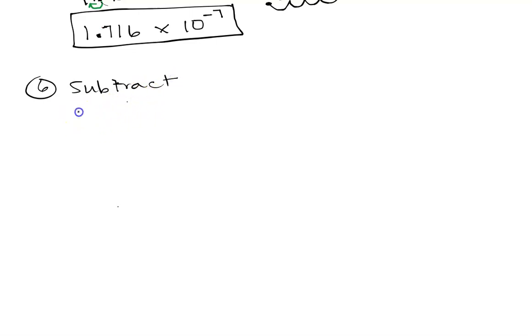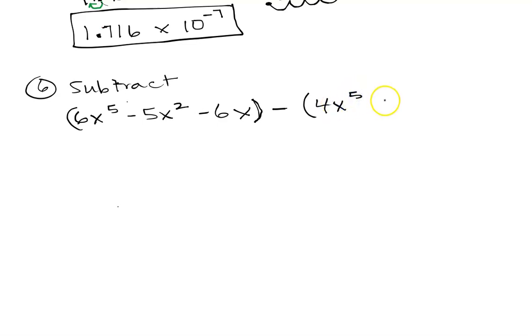So if I have 6x to the 5th minus 5x squared minus 6x, so I have this whole polynomial, and I want to subtract off 4x to the 5th minus 9x squared plus 8.